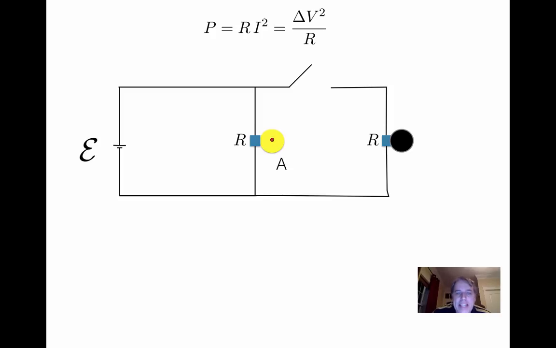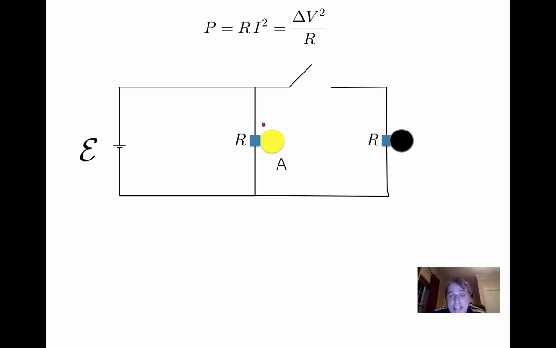So the question we ask is, if let's say we take this switch and we close it, thereby creating a new loop, what happens to the brightness of light bulb A? Okay, and brightness of a light bulb is just a measure of how much energy per second is emitted by the light bulb. So that's just the power.